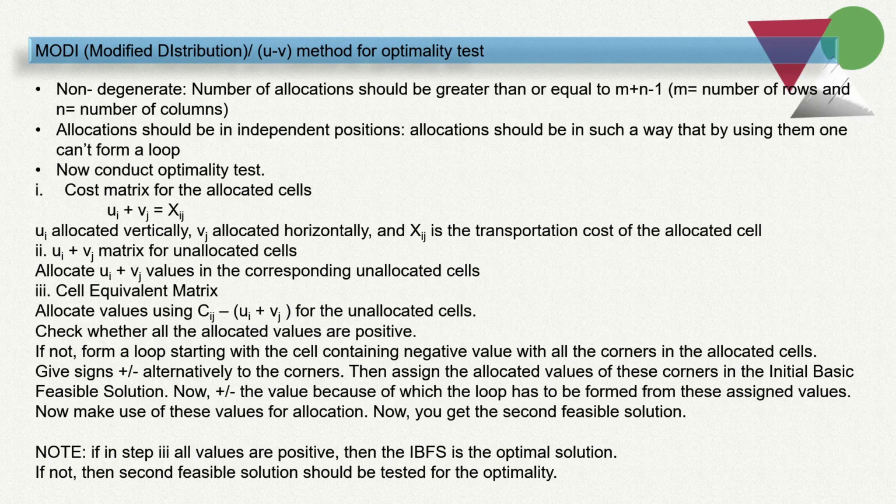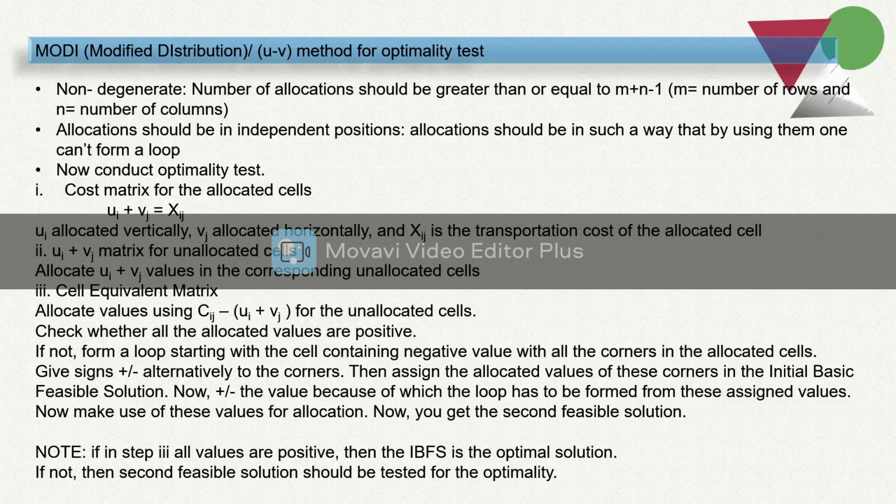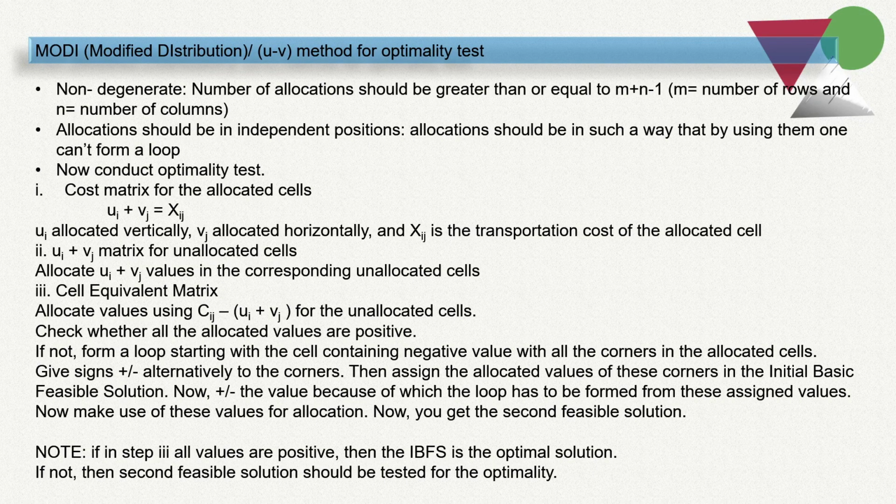Then the third step is CEM, cell equivalent matrix. Allocate values using Cij minus of ui plus vj for the unallocated cells and check whether all the allocated values are positive. If not, form a loop starting with the cell containing the negative value with all the corners in the allocated cells. Give signs plus or minus alternatively to the corners.